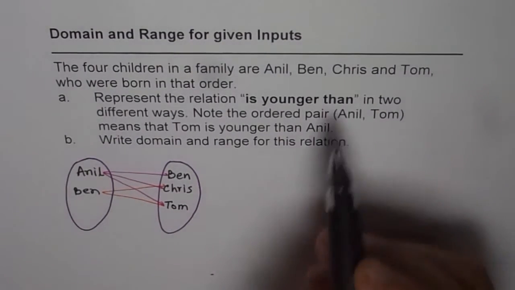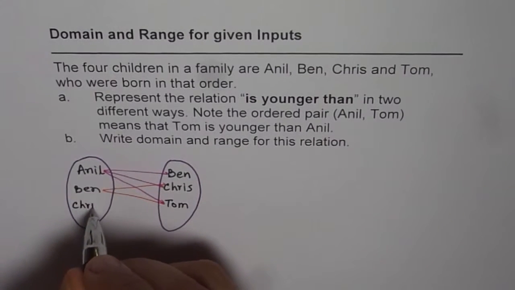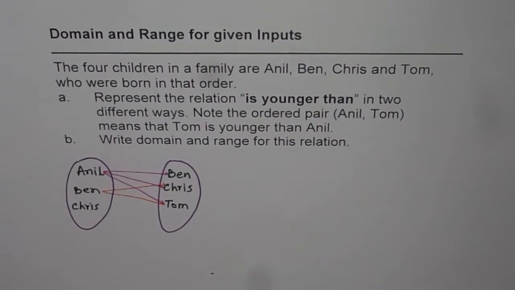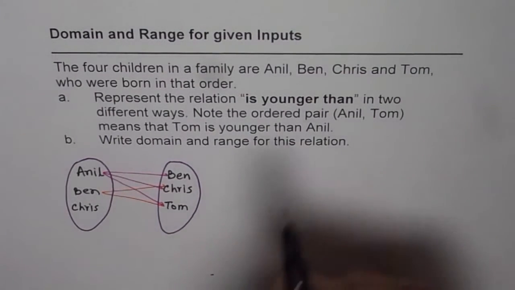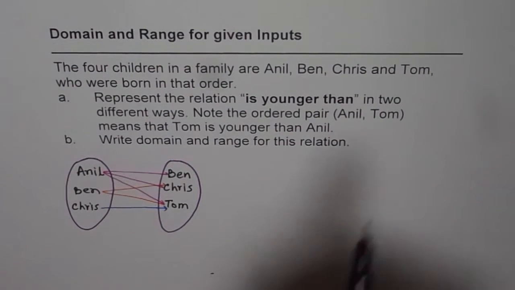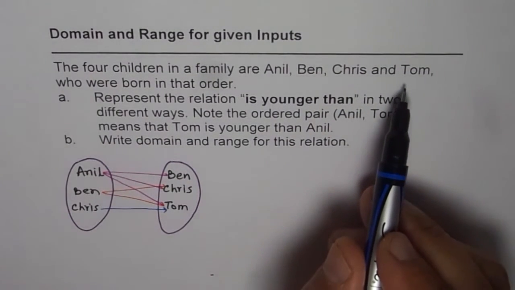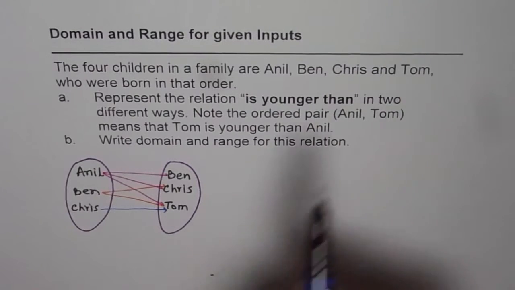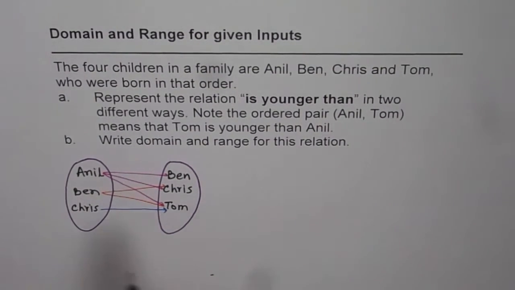Let us consider Chris. For Chris, we know Tom is born after Chris and therefore Tom is younger than Chris. How about Tom? Now Tom is the youngest person, so Tom will not come in the domain because no one is younger than Tom. So that gives you a clear idea of what our relation is.